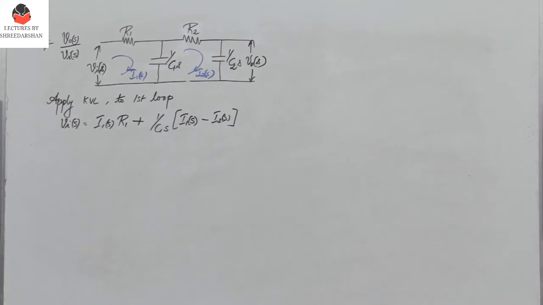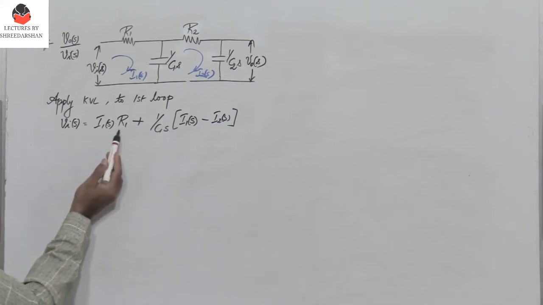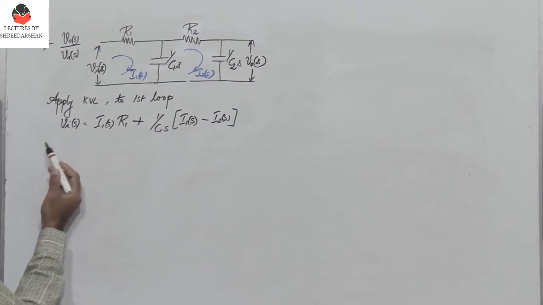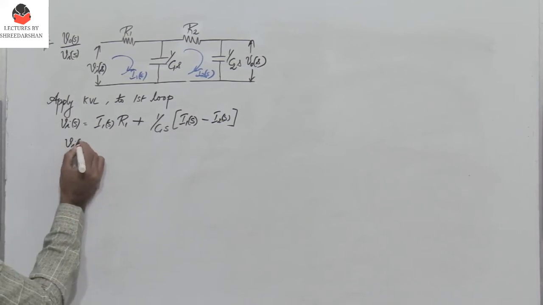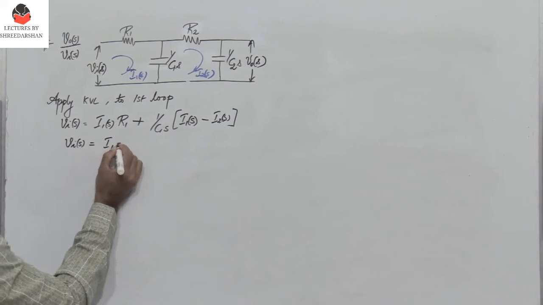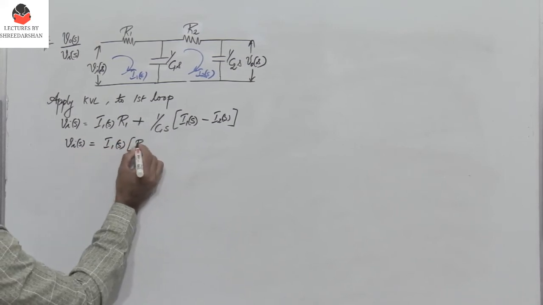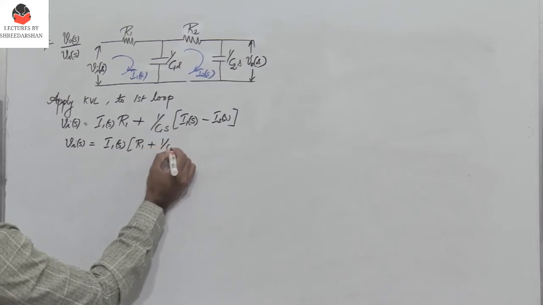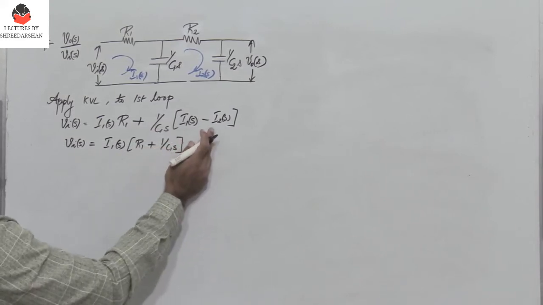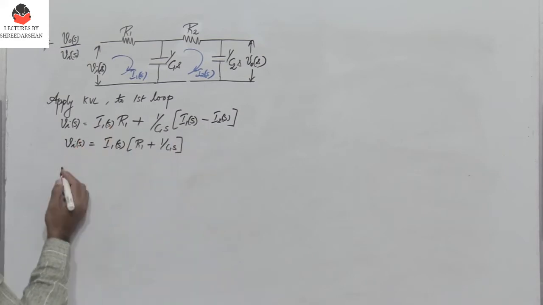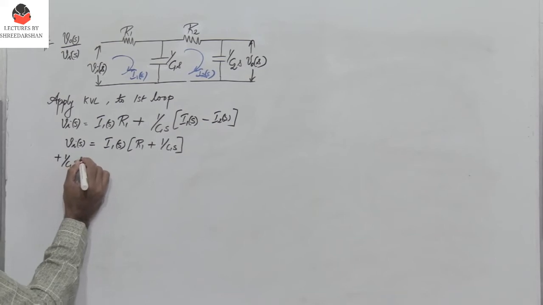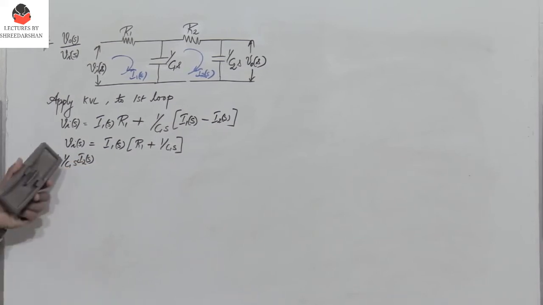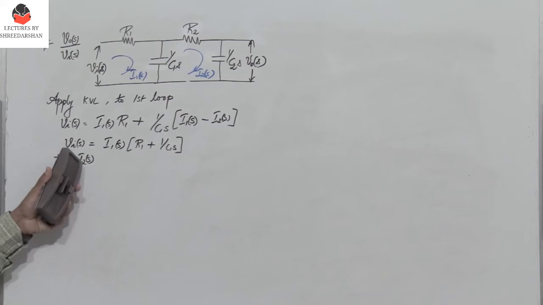Alright, so now let us rearrange this expression. Let the output be I1 of s and let the input be Vi of s. So we have Vi of s equals I1 of s into R1 plus 1 by C1s, and I can take this term to the LHS, so that becomes plus 1 by C1s into I2 of s.